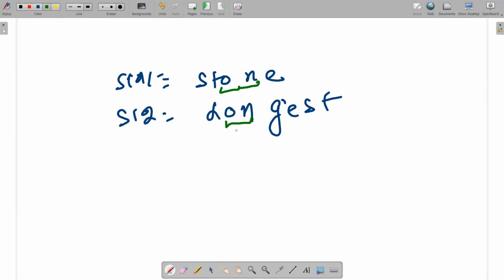O, N is common over here. There is also E, which is coming, but with the presence of G in between. But as the longest common subsequence, it will be O, N, and E. So it is not coming together, but in the same sequence it is appearing. So the answer would be 3.